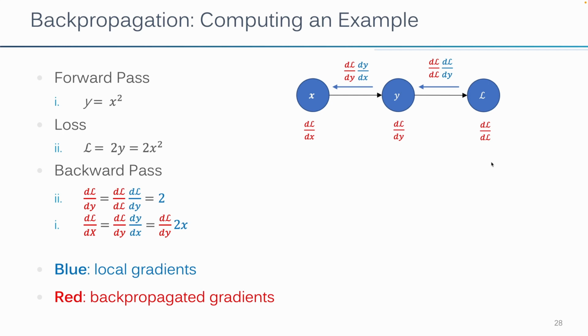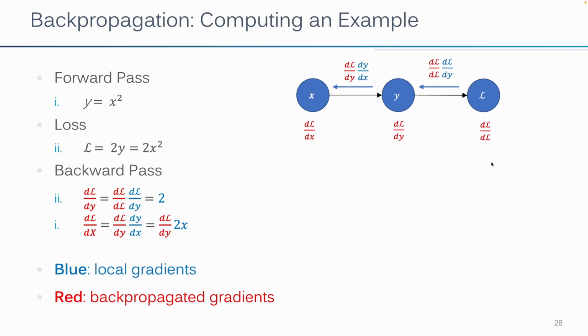And that's basically nothing else than dL by dy times 2x, because the derivative of y according to x, so x squared, the derivative is 2x, right? So we can actually compute that, and we'll get the loss. So let's go one step back. The loss over the loss is 1. The loss by y, we said, is 2.